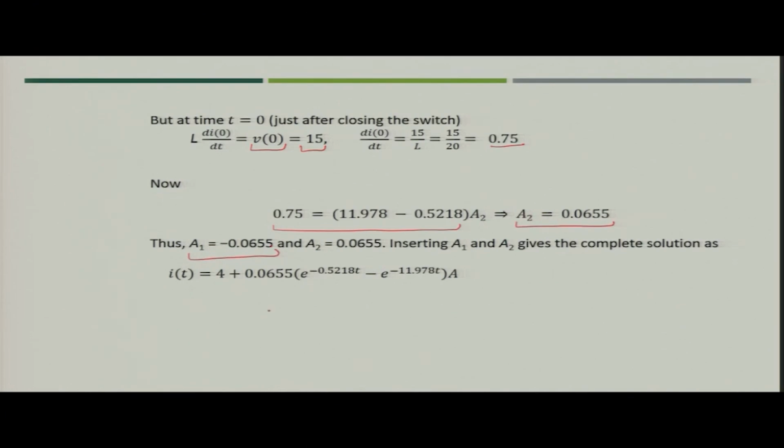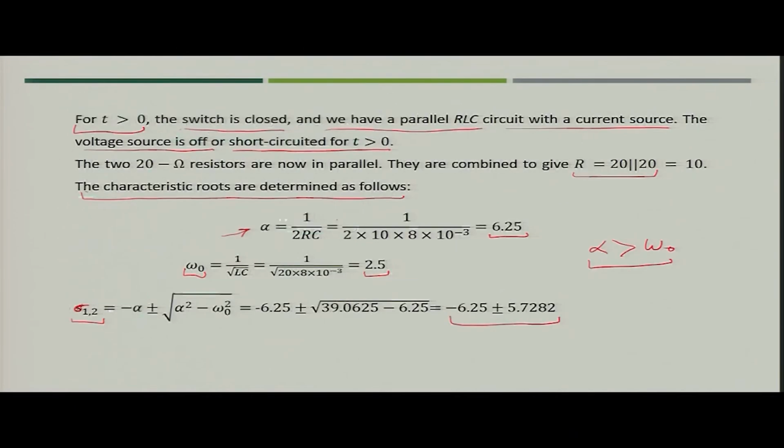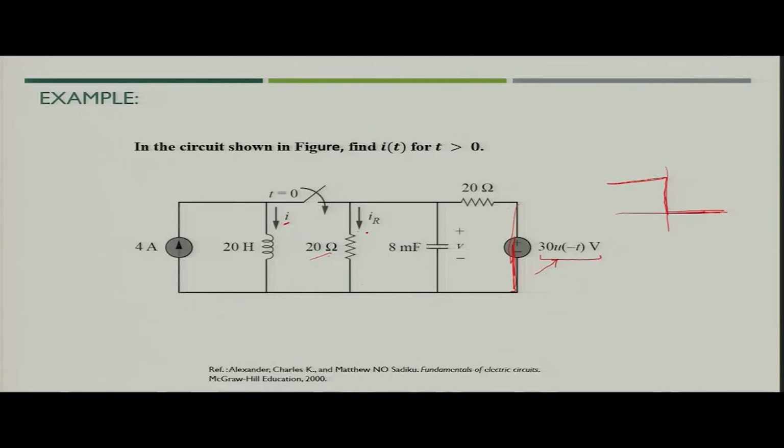Now that we have A1 and A2, the current i(t) is nothing but 4 plus the expressions with the values of the components. So you get this particular equation. This is the final expression of current i in terms of t. With this you can calculate the values of A1 and A2 when you have a parallel RLC circuit.